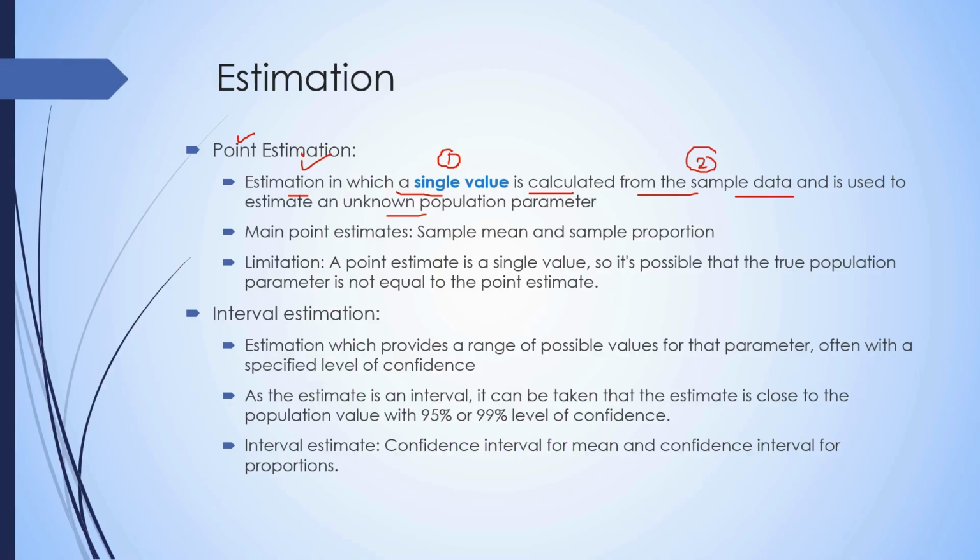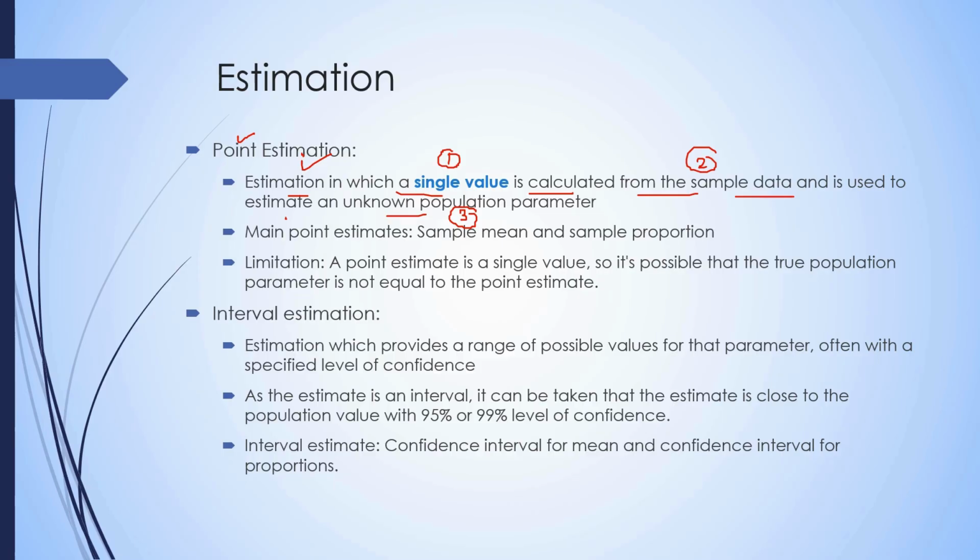And what is this used for? This is used to estimate an unknown population parameter. So you have selected a sample, you are calculating a single value, and that particular single value you are using to estimate or to make an educated guess or judge about the unknown population parameter.